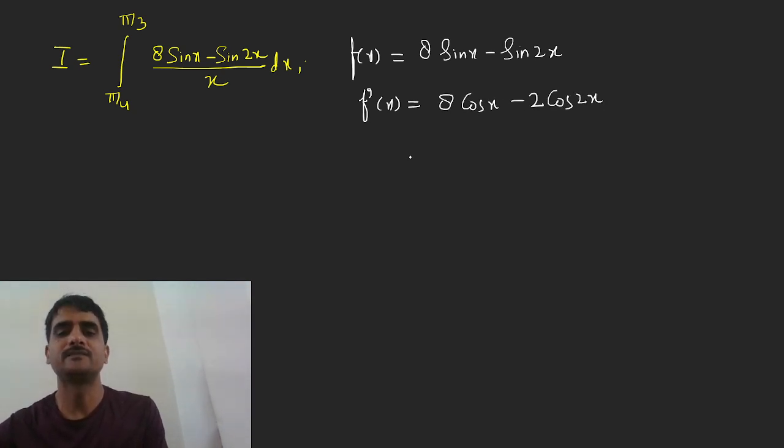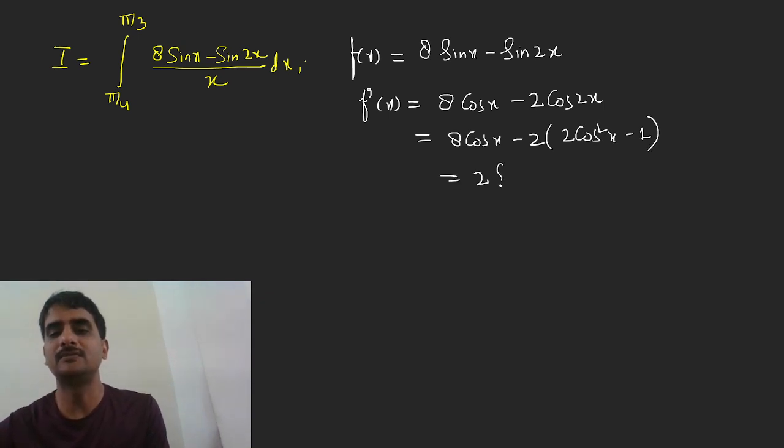Fine. Can we say anything about the sign of this function? I don't think so, so let's simplify. You take 8 cos x minus 2 into (2 cos square x minus 1). Now take minus 2 common, so you get minus 2 times (2 cos square x minus 4 cos x minus 1).